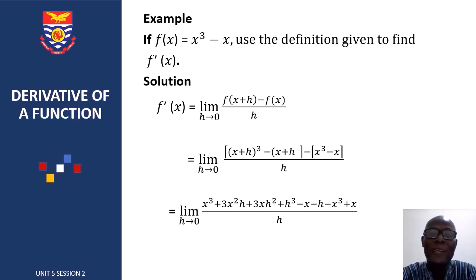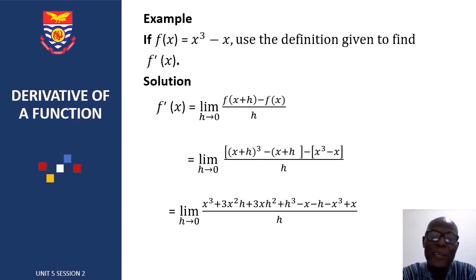So with the given function x to the power 3 minus x, we increase x by h, which gives the limit as h approaches 0 of, in square brackets, (x plus h) all to the power 3, meaning we increase x by h, then we raise it to the power 3, minus (x plus h), meaning we've increased x by h, then minus (x to the power 3 minus x), that is the original function f of x, all divided by h.